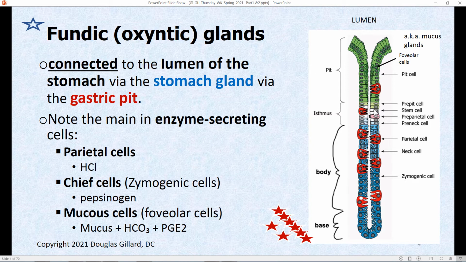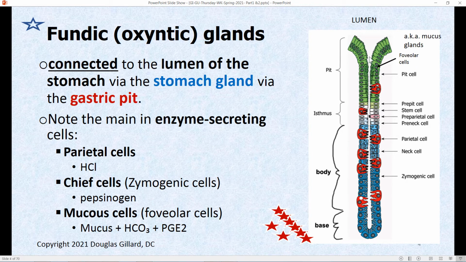Some cells that through mitosis they create everything: parietal cells, neck cells, chief cells, aka zymogen cells. There's D cells in here as well. They also create a lot of what become mucosal cells, or aka foveolar cells.